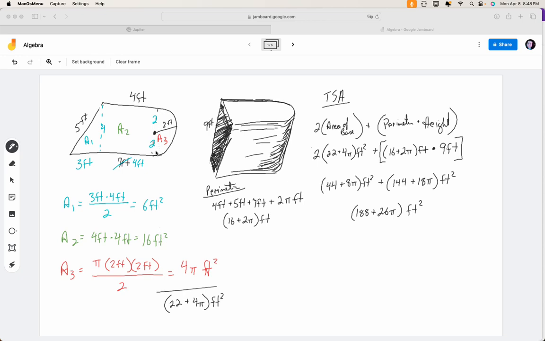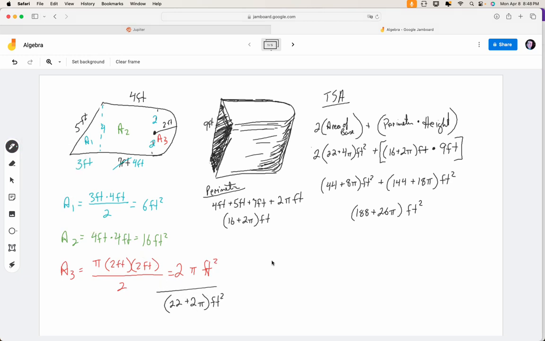So then I have this half circle, which we know is pi r squared. 2 times 2 is 4, divided by 2 is 2. So I didn't do that right. Hang on. So that would be 2 foot square. So let me redo my calculations. I did that all wrong. So that should be 2.